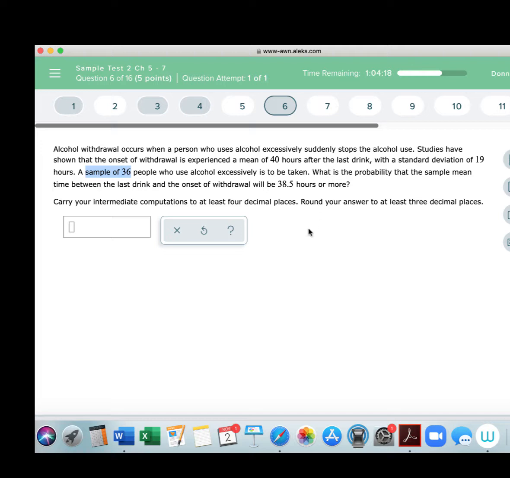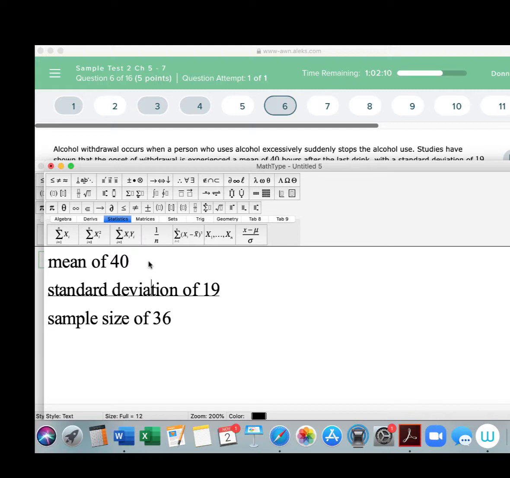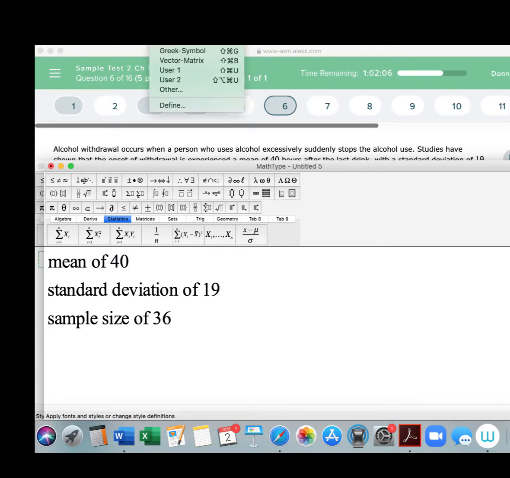Let's go ahead and write down the information that they give us, capture that in math type, and begin the process of solving this problem. So we have a mean of 40, and that can be translated into mu equal to 40 for the population mean.